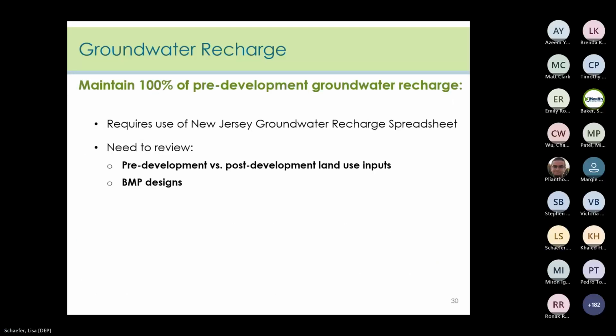If instead you select the first option, which is to maintain 100% of the pre-development groundwater recharge, you must use the groundwater recharge spreadsheet. The reviewer will check both worksheets, which are the inputs for the pre and post development conditions that are then used to calculate the deficit, and then the evaluation of the proposed BMP on the second worksheet.